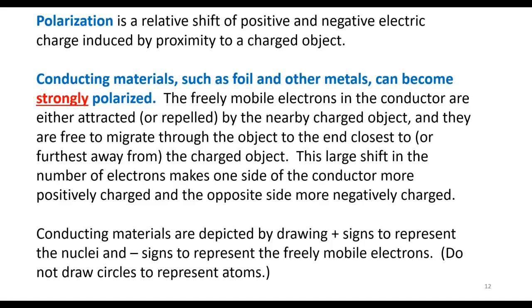They are not constrained to staying inside their atoms. So since they are not constrained to stay inside the atom, we do not draw circles when we are representing the microscopic particles in conducting materials. We just draw plus signs to represent the nuclei and negative signs to represent those freely mobile electrons.